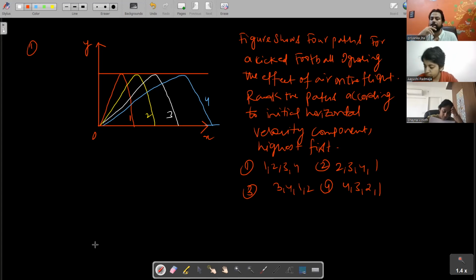Which path? By looking at the paths, you see that the fourth path has the highest range. So now you have to relate between range and the initial component of the velocity. That's how you have to rank the paths. Do this.